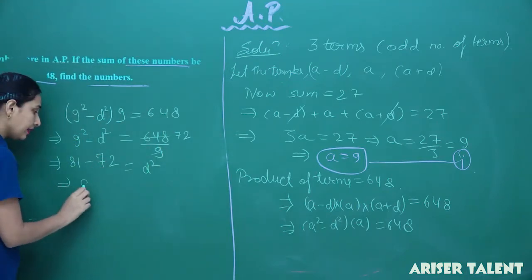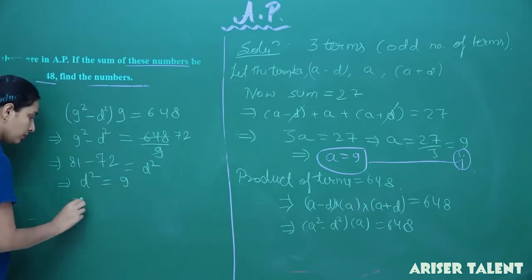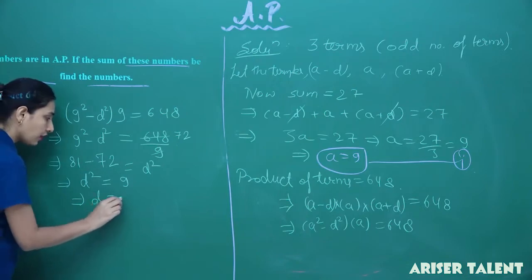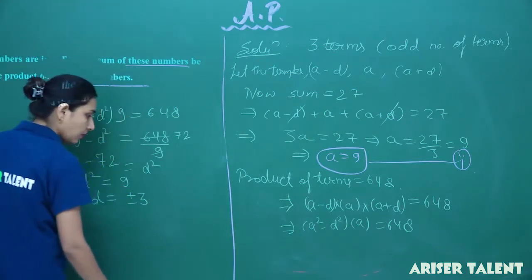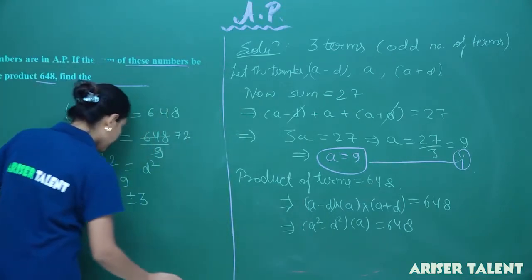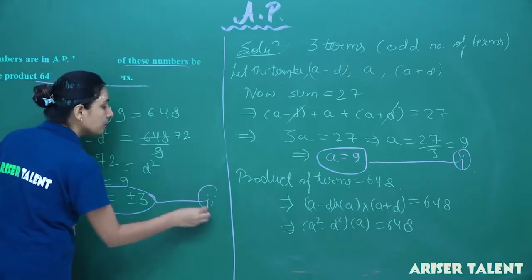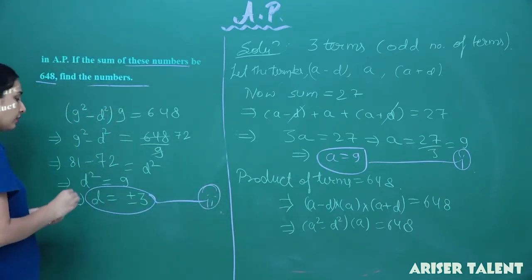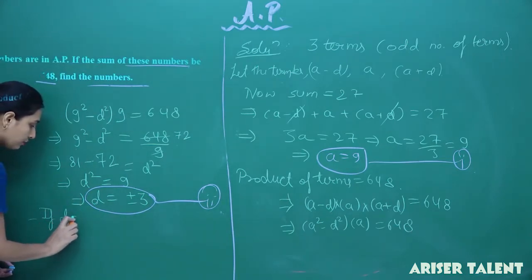This implies that D square equals 9. So D equals plus minus 3. This is the second thing we have observed: D equals plus minus 3.